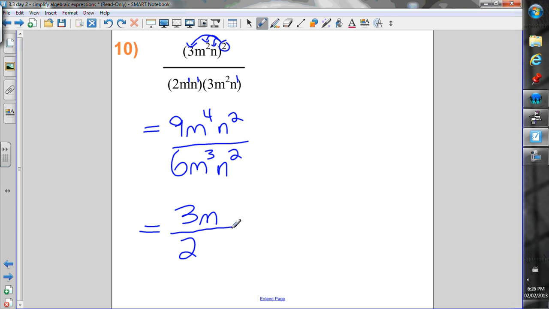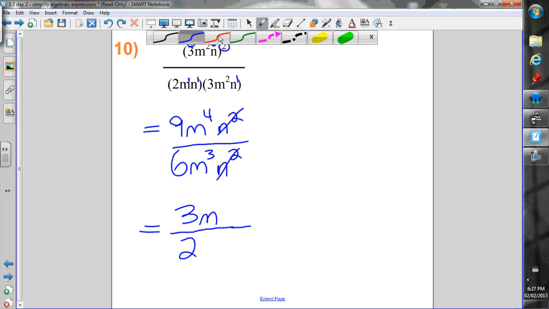I don't have to write an exponent of 1. n squared divided by n squared gives me n to the 0, which equals 1. Zero exponent law tells me anything to the exponent of 0 is 1. Okay, so I don't have to write times 1, because multiplying something by 1 doesn't change it. So you can think of these essentially as canceling out. Okay, so here's my final answer.